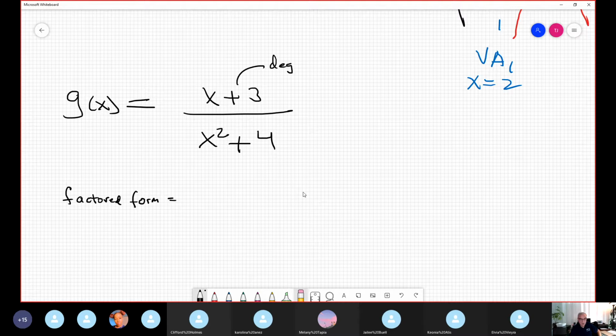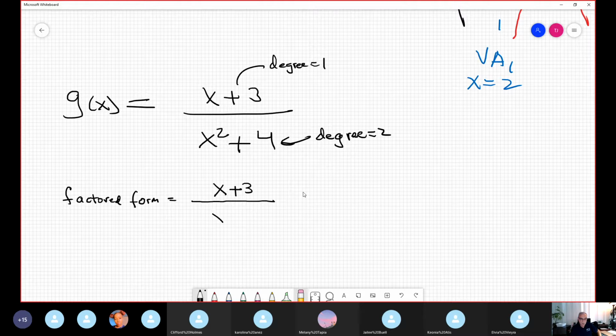Well, by the way, the degree here is 1 and the degree of this polynomial is 2. Not necessarily is the degree of the bottom always bigger. No. It's completely free. Then the factored form, it's obvious in the top we cannot do anything, and this binomial stays the same.